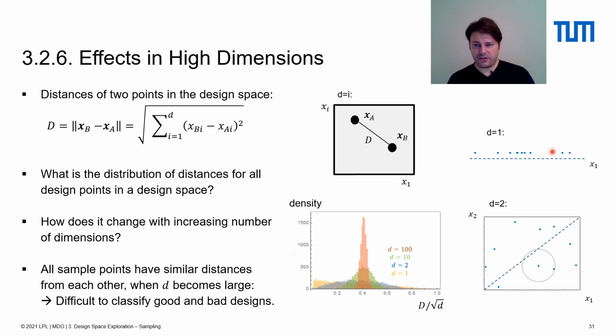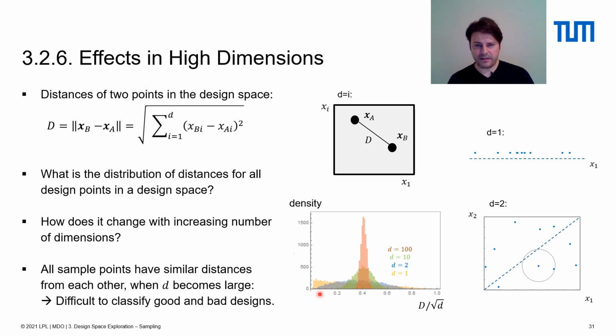Let's increase dimensions. Let's go to 2 dimensions and now try to get an understanding or a feeling for how distances are distributed here. You can tell by just looking at this plot that the small distances will become less frequent. The points are moving further apart.